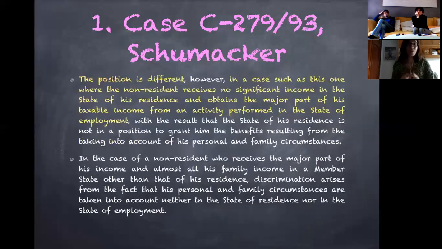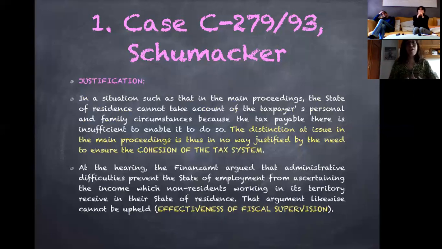Once we have discovered in the first and second steps of the analysis of the ECJ that there is a restriction, the next step, as you remember, is to identify if there is or not a justification cause. For the German fiscal court, the possibility of taking into account two justification causes was proposed.